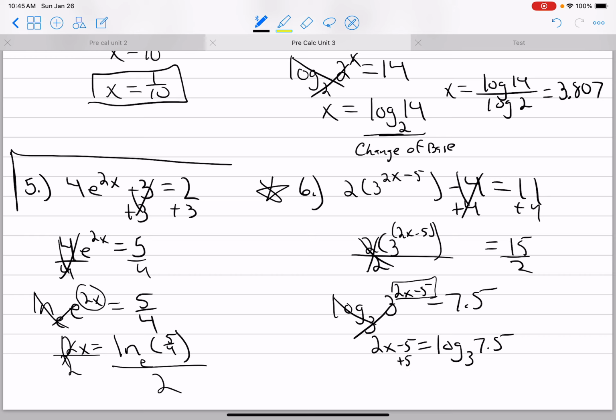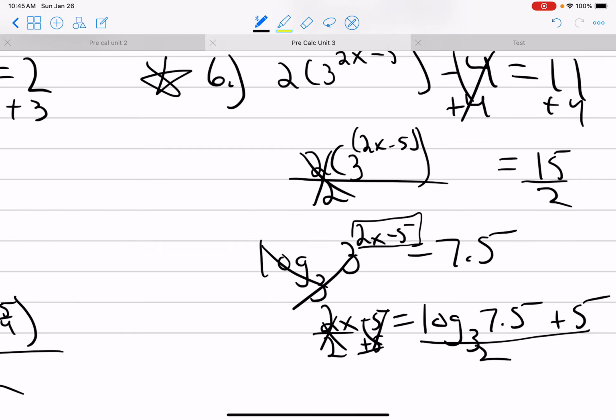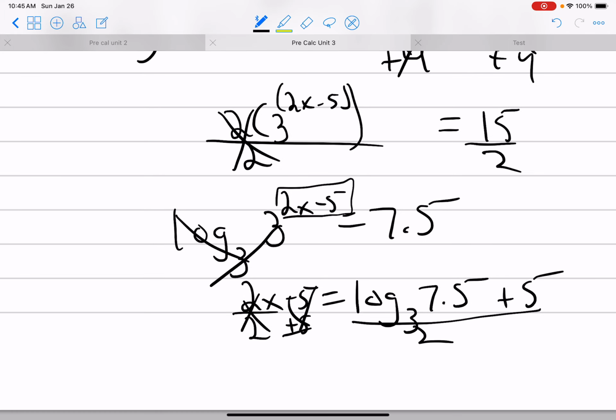I could do a plus 5, and then I'm going to just keep it moving here and divide by 2. Running out of space, but it is going to say x equals log base 3 of 7.5 plus 5, divided by 2.